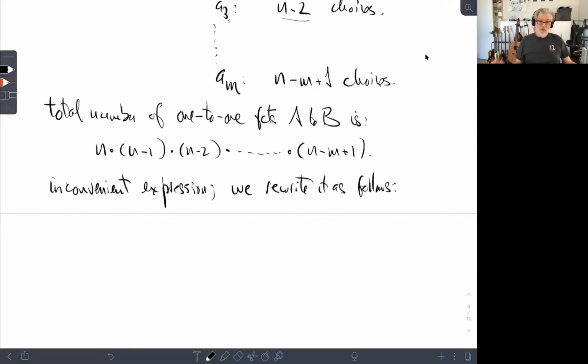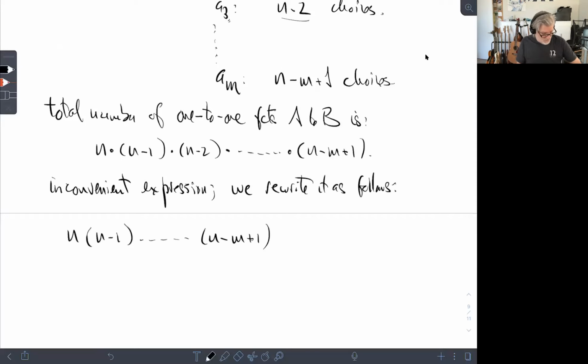Okay, so notice that I have n times n minus 1, right? And in each term, we're decreasing by 1. So if that makes you think of a factorial, that's great, right? But it stops at n minus m plus 1. So what I'm going to do is I'm going to fill in the rest of the missing factorial.